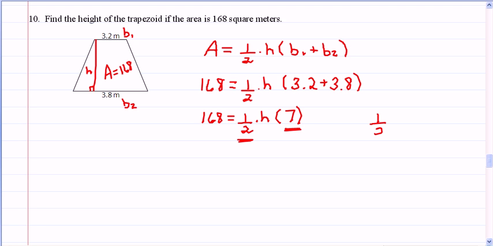So if we take 1/2 times 7, because they're being multiplied, we get 7/2. Just multiply straight across. So just to rewrite this as 168 equals 7/2 times h, we can solve for h by multiplying both sides by 2/7, so that these 2's cancel and these 7's cancel.